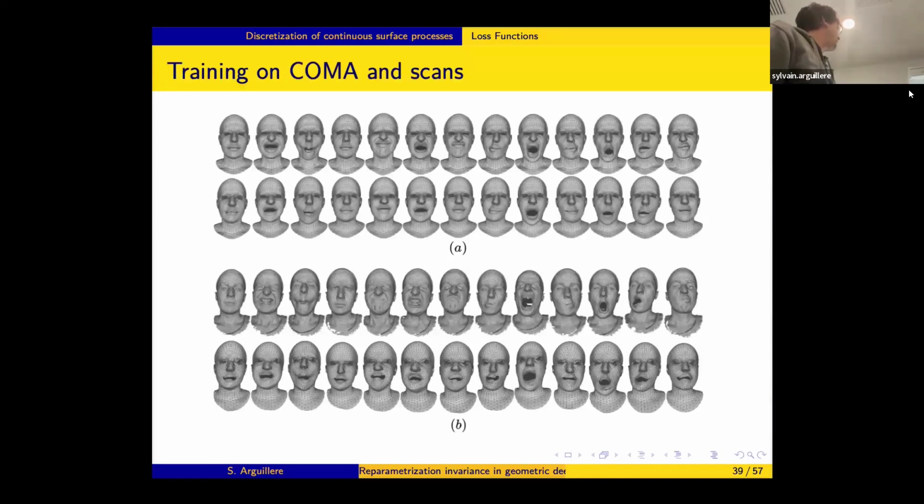Here are some results of the autoencoder for heads using a sum of varifold norms for the loss function, trained on the actual data set, and when trained on the scans that correspond to the data set.